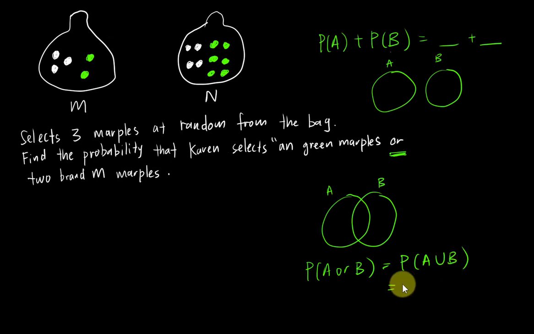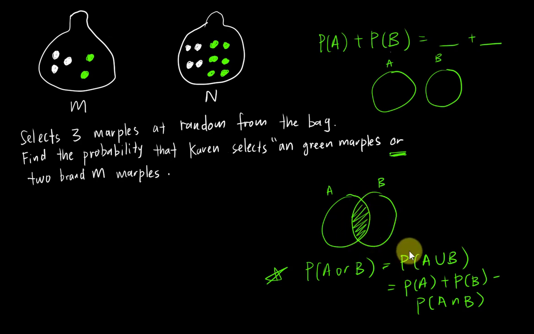So for A union B you still do probability A plus probability B, but you need to minus the intersection, probability A intersect B. Right, you will use this method. This method is quite famous in SPM. You will use this method when you realize that both events do intersect each other, that means you can see the intersection area over here.